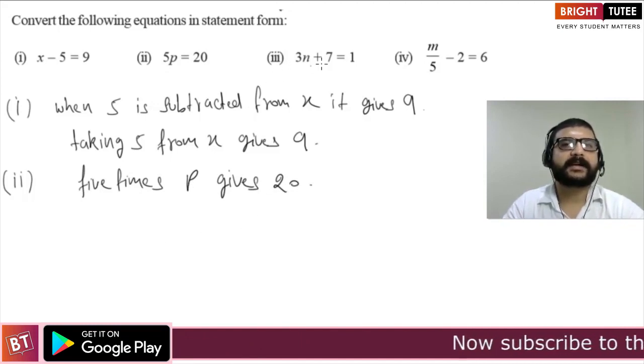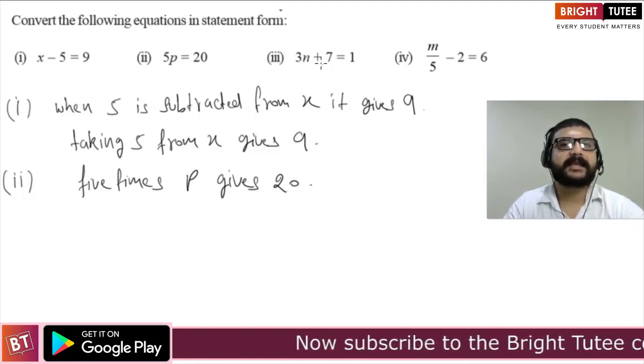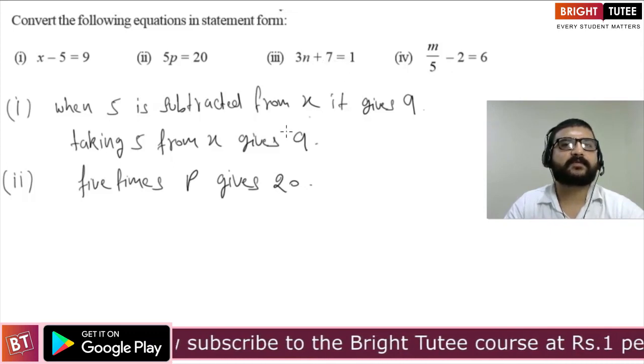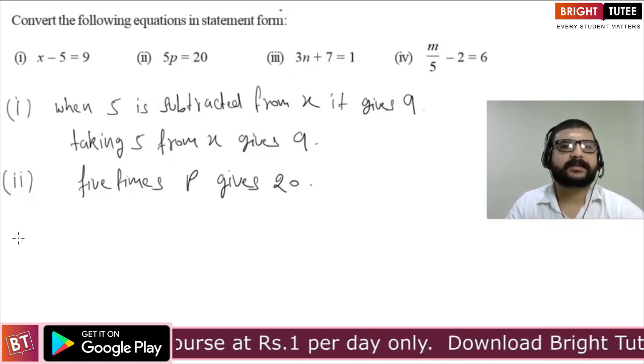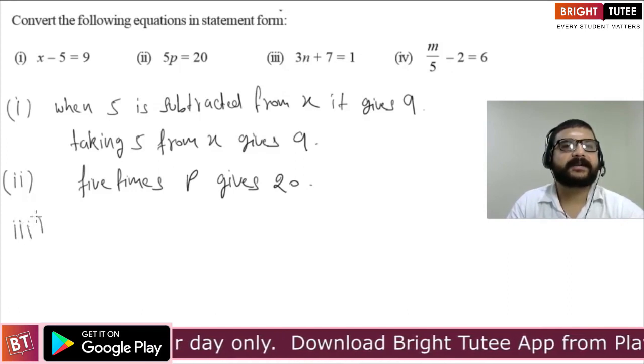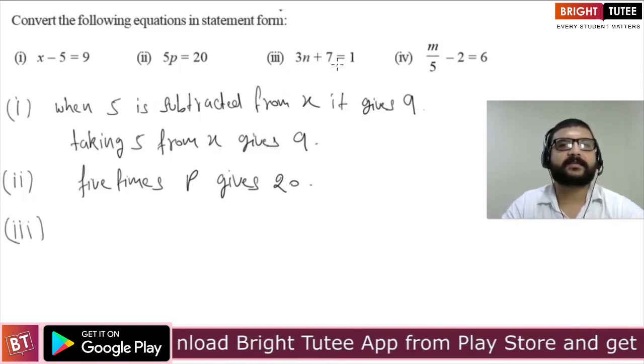Now the third equation here is 3n plus 7 is equal to 1. Now what statement should we use here, or what will be the statement that represents this equation?